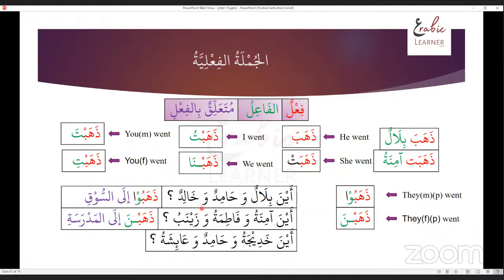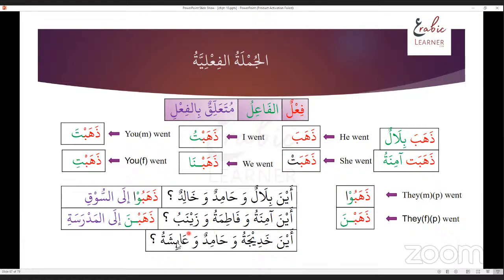"They went" is either dhahabu or dhahabna. For masculine it is dhahabu, and for feminine it is dhahabna. And dhahabtum is "you all went" for masculine gender. Yes, you are right, Zayan.